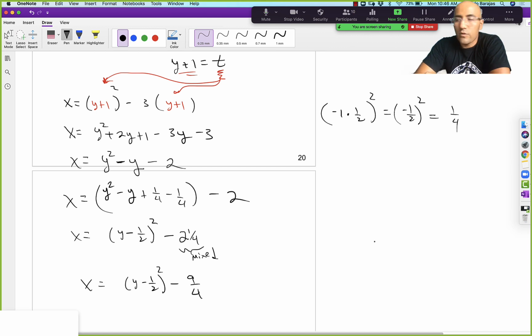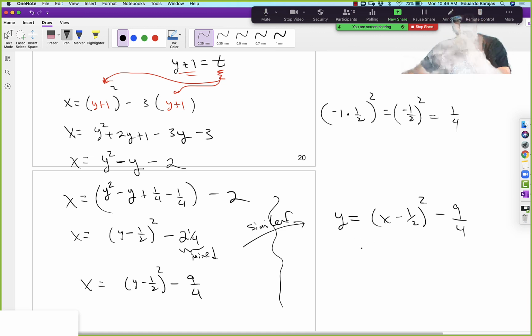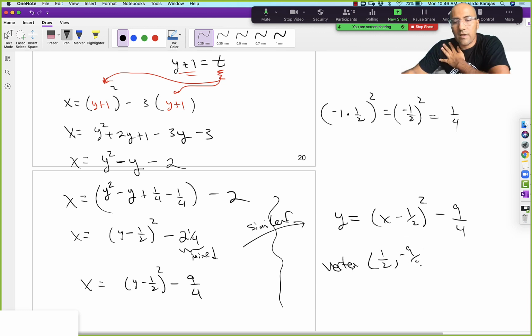Because normally, in the normal input-output relationship, we would have it the other way around: y equals x minus 1/2 squared minus 9/4. So it's kind of similar, but we're just changing the axes. So the vertex of this one is 1/2 comma negative 9/4, but we have to reconsider how that adjusts to this.